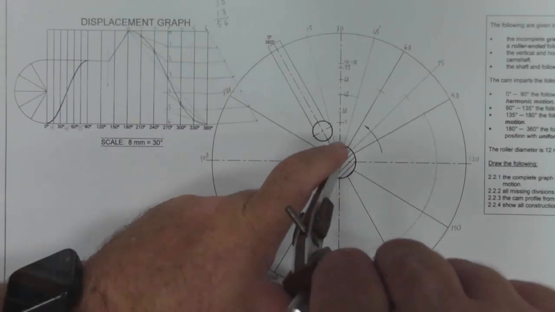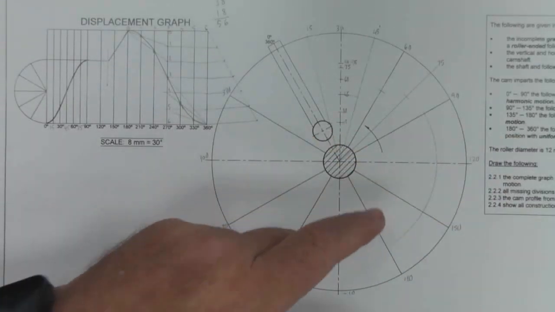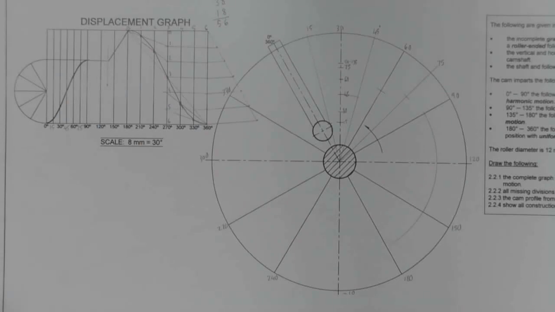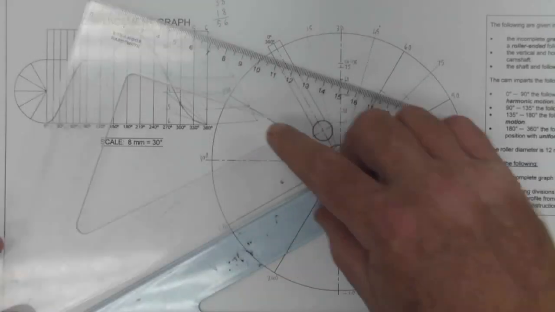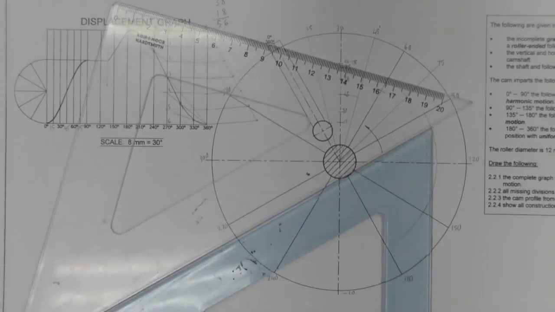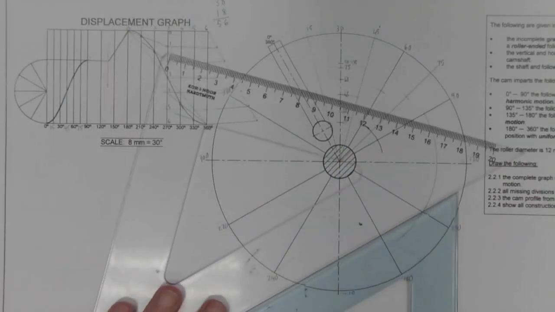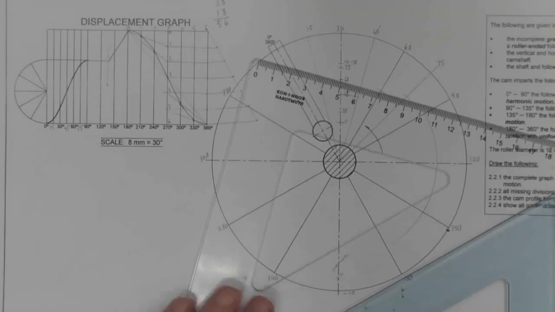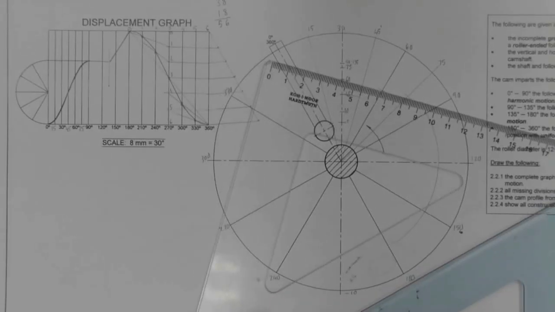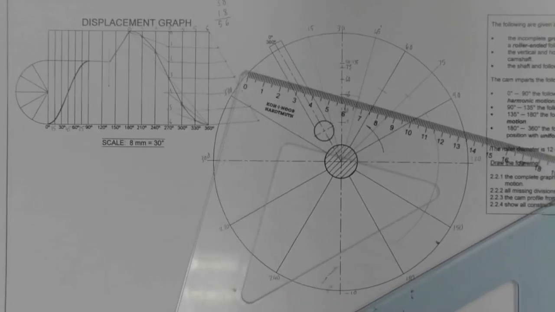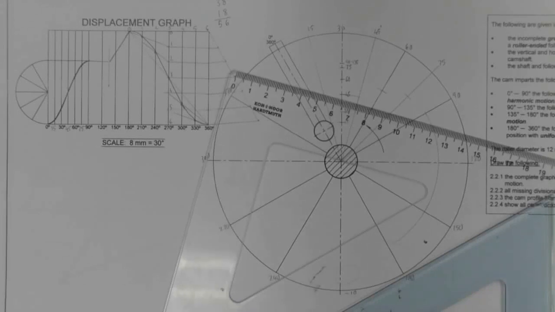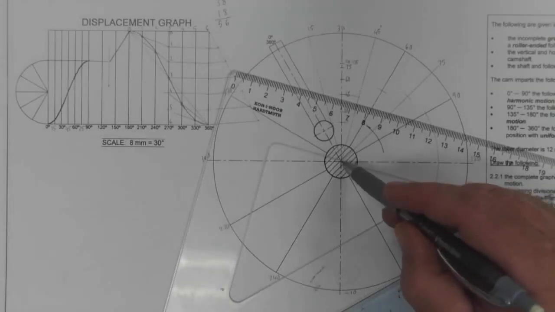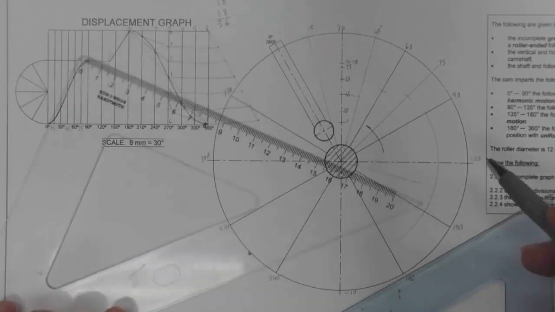Going to 135. So I've got to put an extra division in here to find where 135 is. And so here's my 135 division.